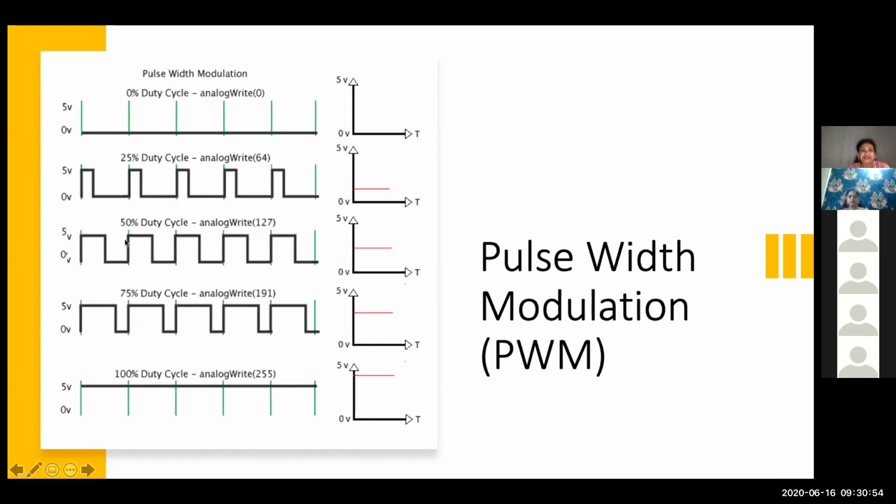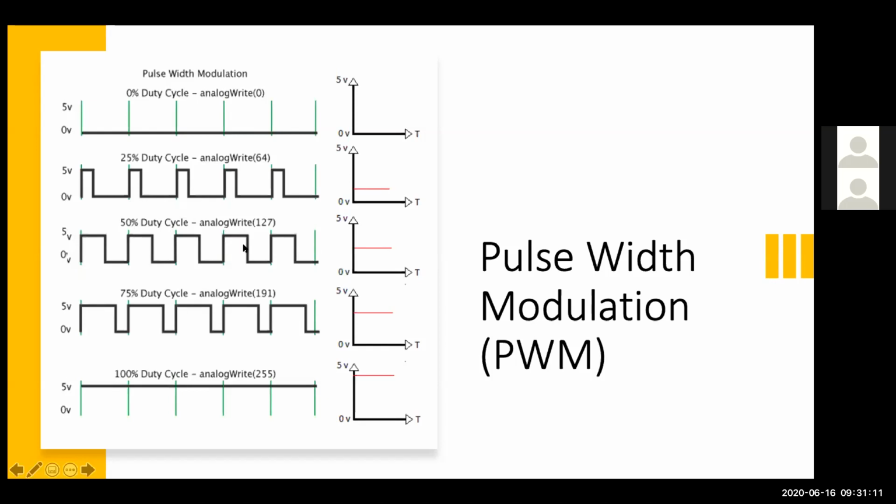Okay, no issues. So let us say we have a square wave. For any wave, there is a high part and a low part. So the wave goes high for some amount of time and then it becomes low for some amount of time, right?